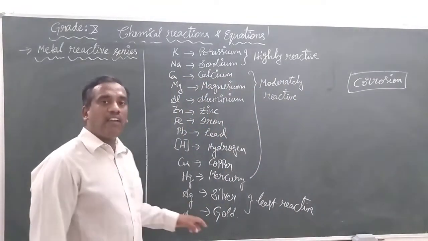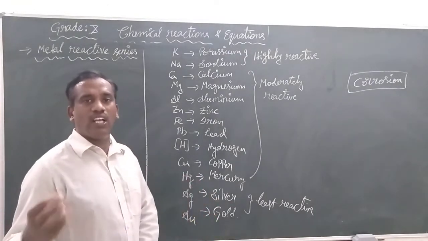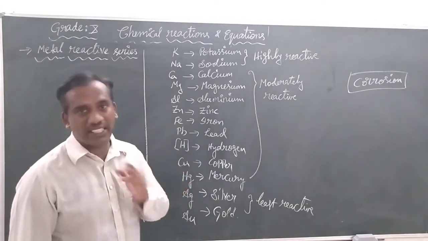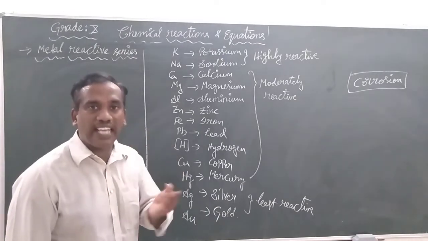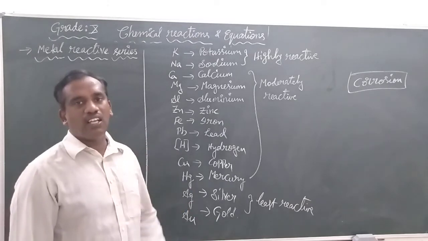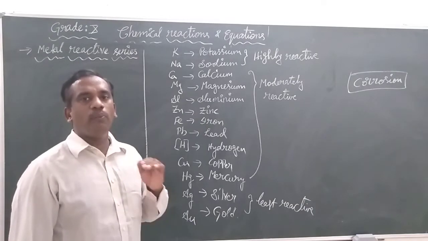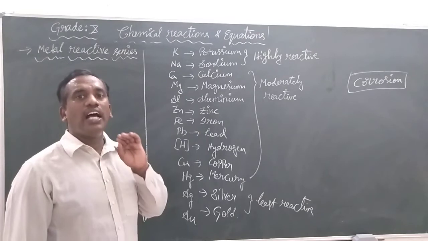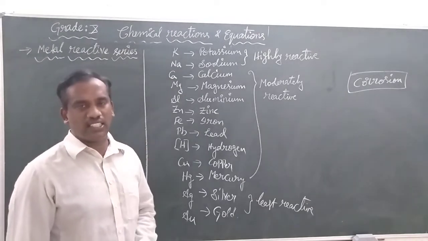But silver will be forming a black color when left in air, but that is after many months. But the gold will not react with any atmospheric gases. Platinum will not react with any atmospheric gases. Means they are not at all reactive with atmospheric gases. So we call them the least reactive metals.